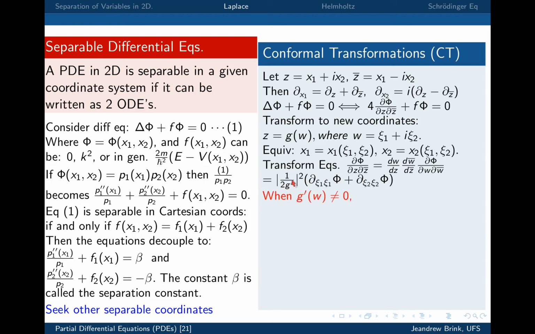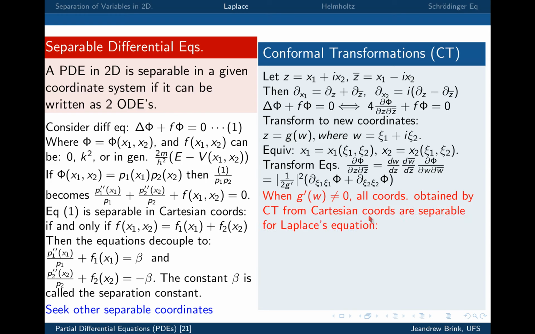And so if g prime is not equal to 0, the derivative is not equal to 0, which will basically always be true if you have a valid transformation, then all the coordinates obtained by a conformal transformation from the Cartesian coordinates are separable for Laplace's equation.